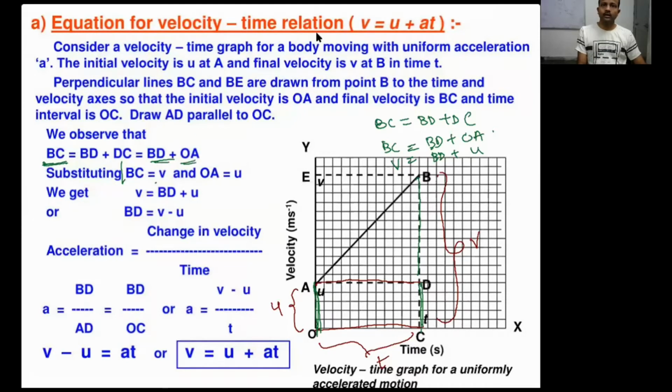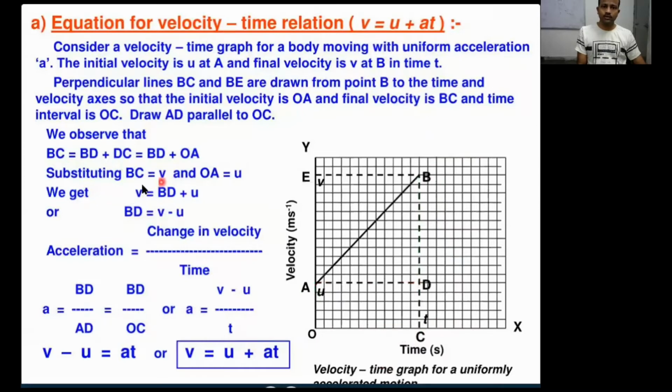Let us assume BC equal to V. What is BC? BC means up to here. This will give you the value V, the final velocity. So BC we are replacing with the final velocity.